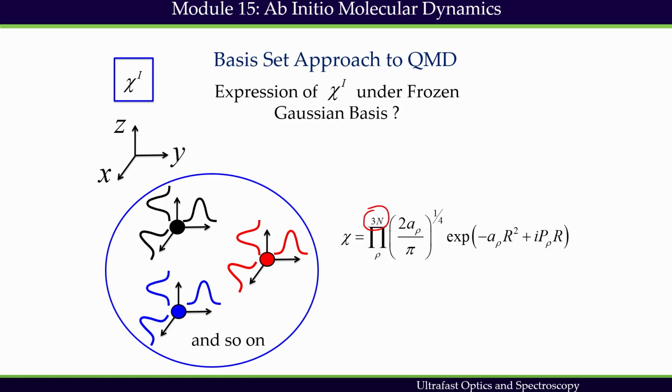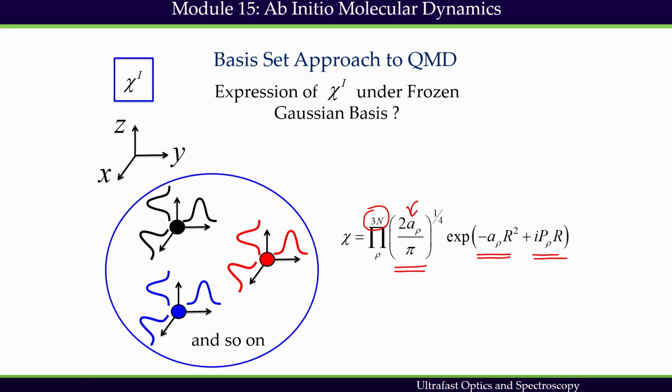Each Gaussian is represented by its A, which is a normalization constant, and its exponential part having this a r square. This part is the Gaussian part and this part is the propagating wave part, which is a similar expression we have seen.